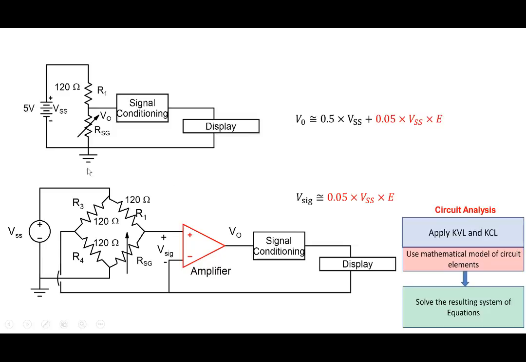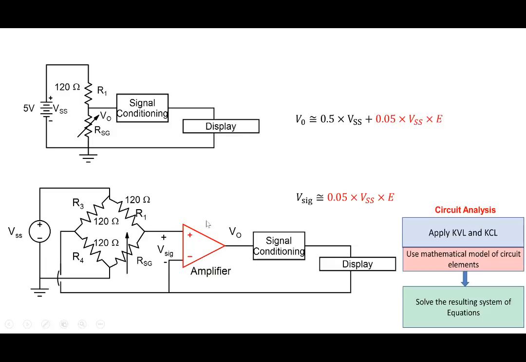And remember what we said about circuit analysis in the last lecture: of course we have to apply KVL and KCL, but we need a mathematical model of each circuit element. So we have a new element here, this amplifier. The other ones we are familiar with, all the resistors and voltage source, but we have a new element here.